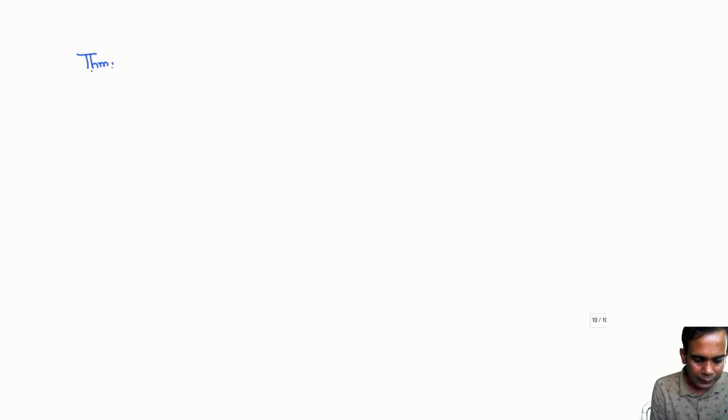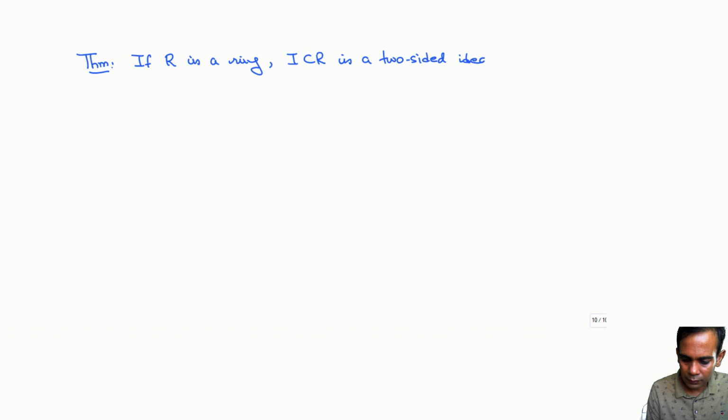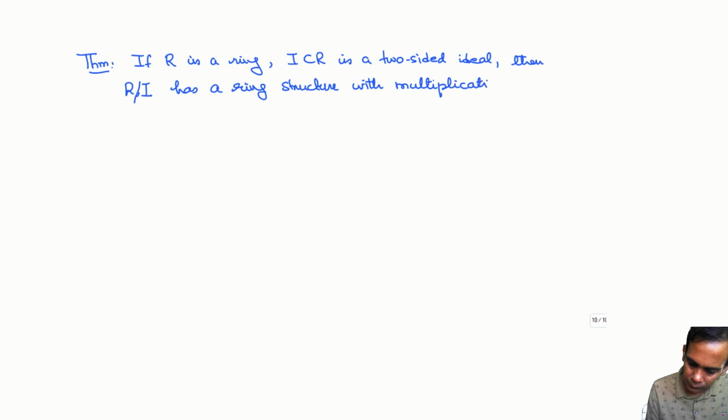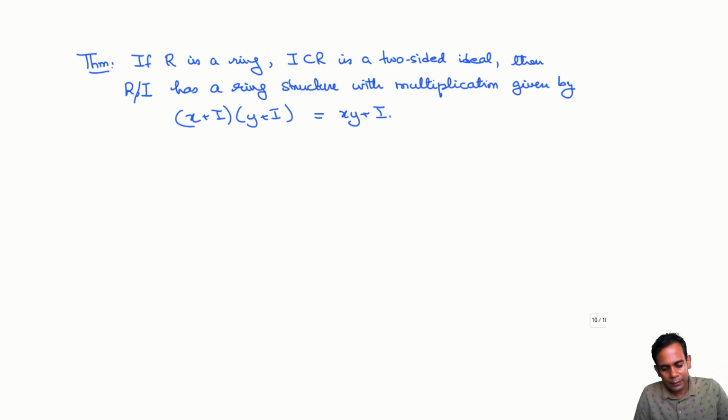So the theorem is that if R is a ring, I is a two-sided ideal of R, then R mod I has a ring structure with multiplication given by x plus I times y plus I is equal to xy plus I. Again, you need to check that this product structure satisfies all the axioms for a ring, and I'm not going to do all those steps.